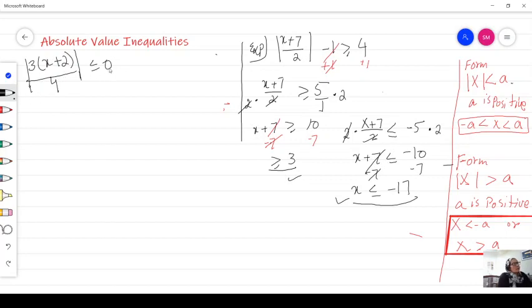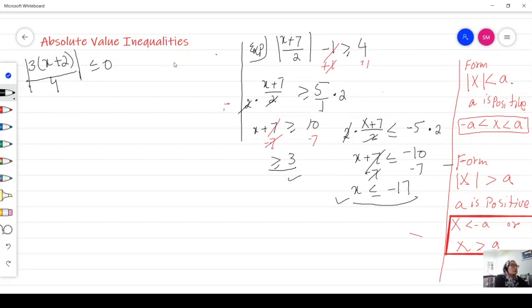And this is 0, and it's less equal. Since it's 0, I don't have a number a, like it's not 8. So in this case I'm not going to change or rewrite any of this. I'm just going to solve this like an equation.